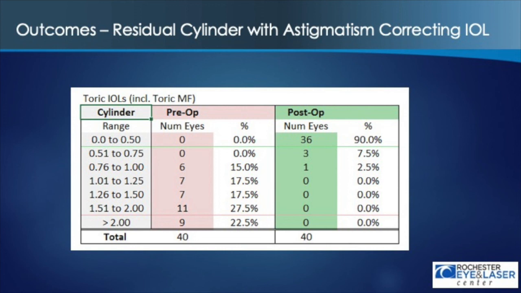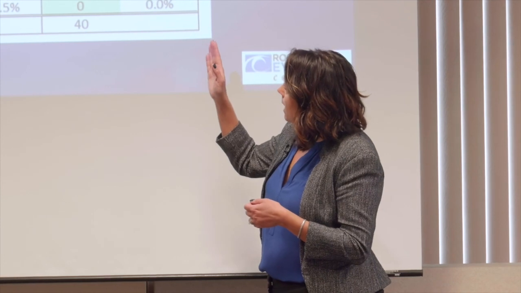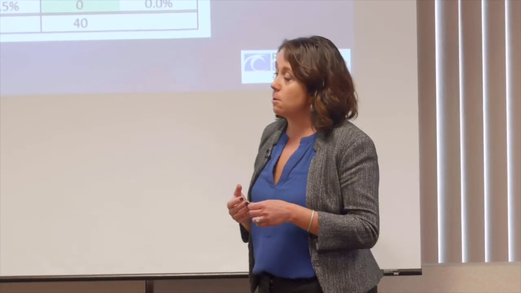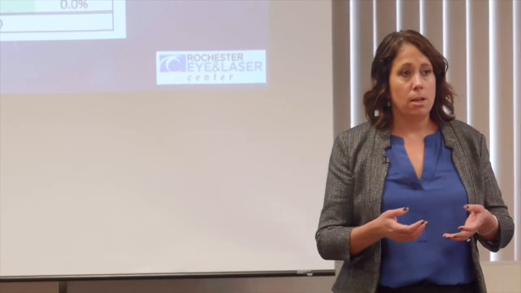And out of those 40 patients, 36 of them had less than a half a diopter of astigmatism after the procedure, which is wonderful. This is better than the national numbers for this kind of surgery. 3 of them had less than 0.75, and 1 person had less than 1. So amazing numbers.